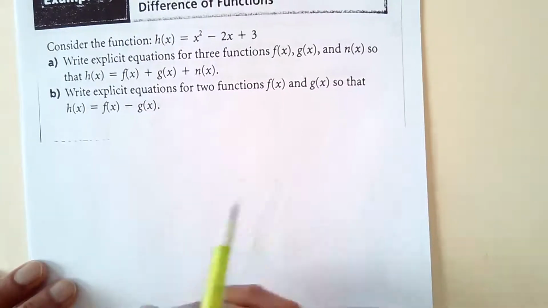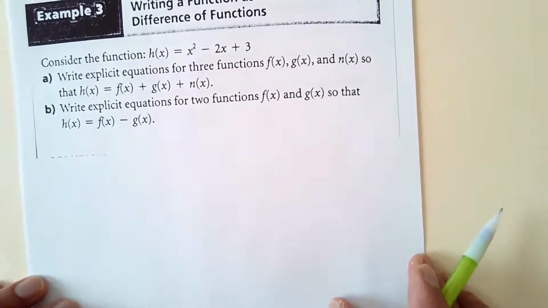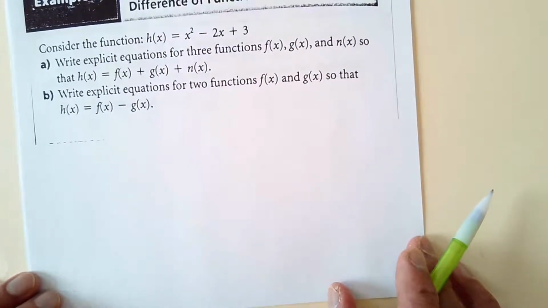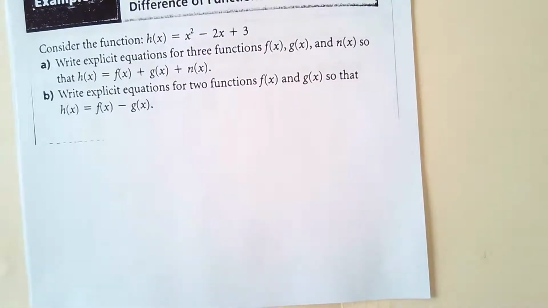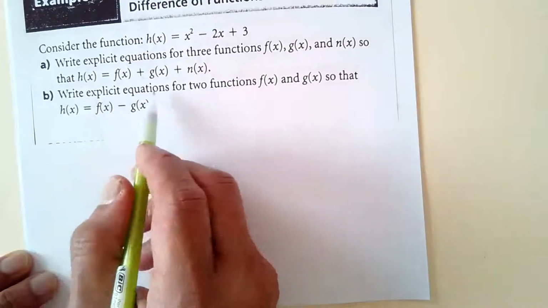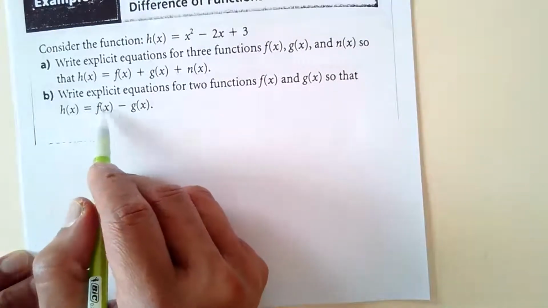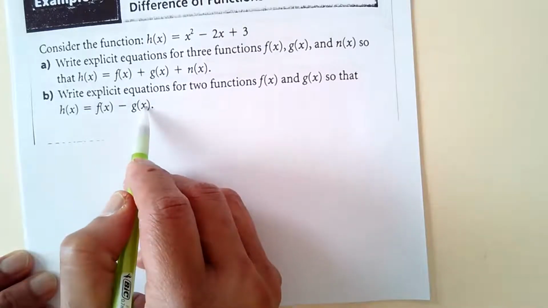Now, there are multiple answers for this example, and I'll show you two possible answers for A. And then part B has to write explicit equations for two functions f of x and g of x, so that h of x is equal to f of x minus g of x.